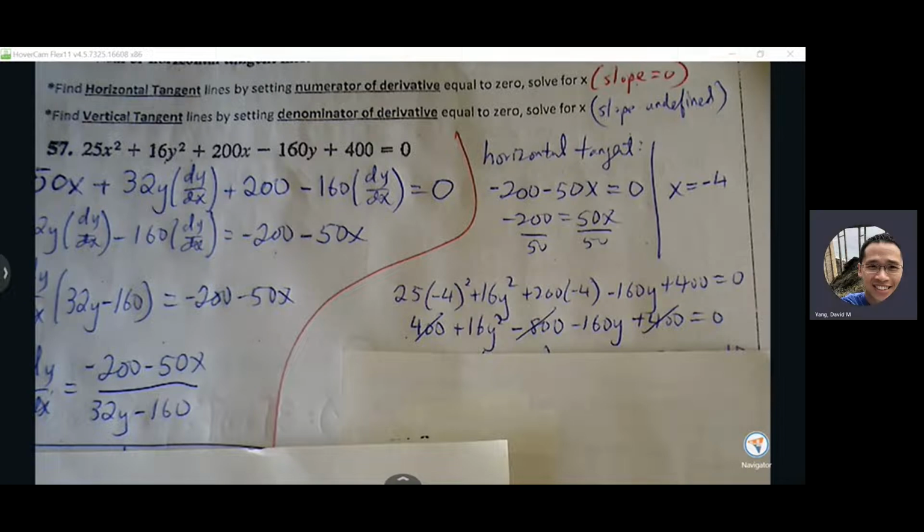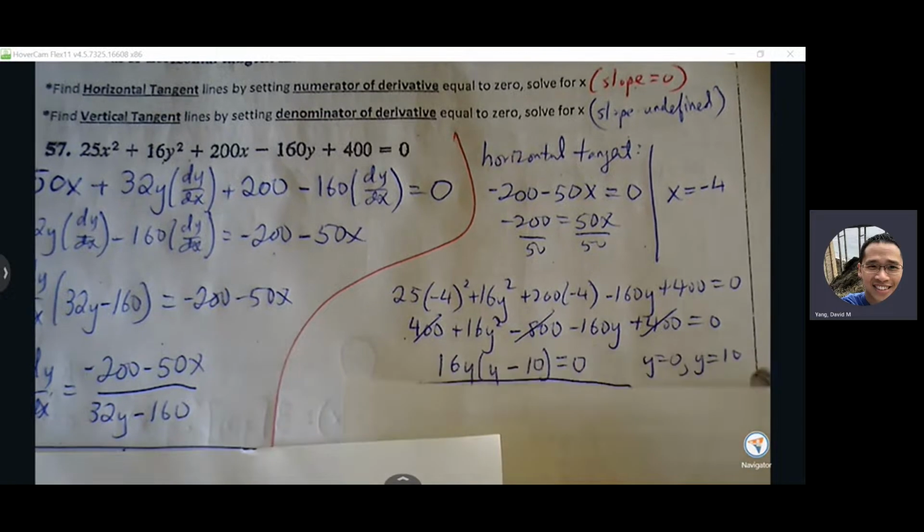This is also on the first page or first 2 pages of your second test review packet. I put the key in there. Replace every x you see with negative 4. Things will clean up nicely. The 400, the negative 800, the positive 400 will go away, so I'm able to get it down in terms of y.